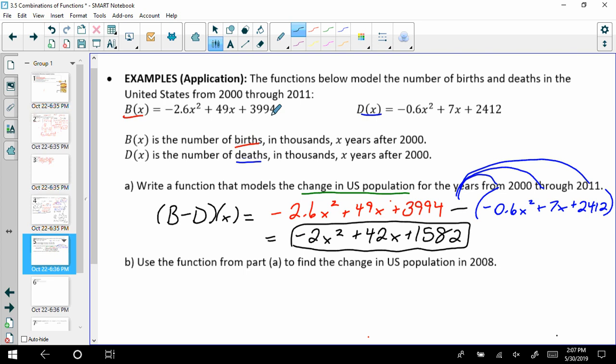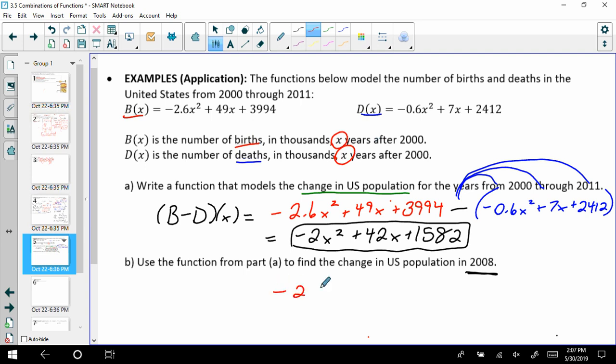So part B says, use that to find the change in US population in 2008. So I'm going to be substituting in, but I don't want to plug in 2008. Notice up top it said my x is the years after 2000. So I'd want to substitute 8 in.